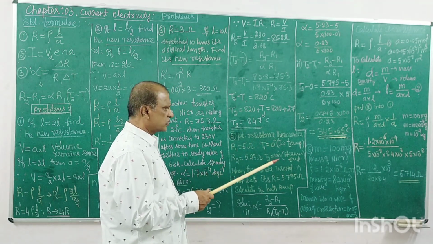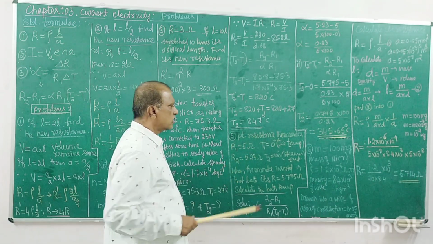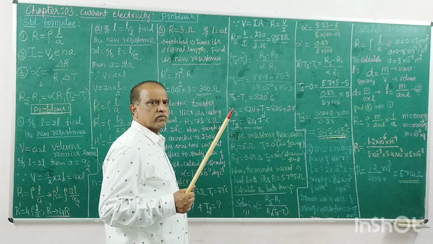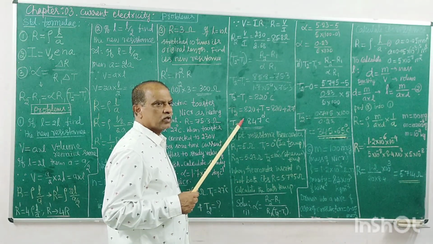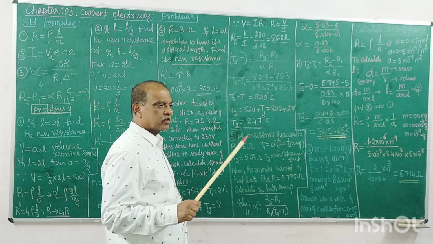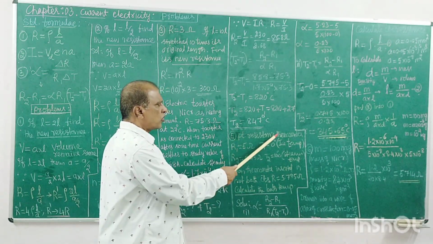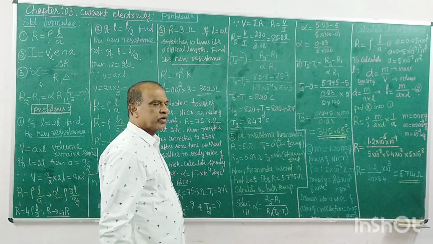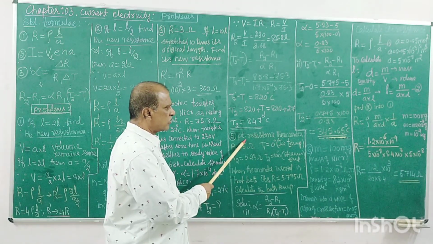Nowadays we are using platinum thermometers. The reason is that the resistance of platinum varies with temperature; resistance and temperature of platinum are both variable. On that concept, we are using platinum as a thermometer, platinum resistance thermometers. On this concept, a problem is set.